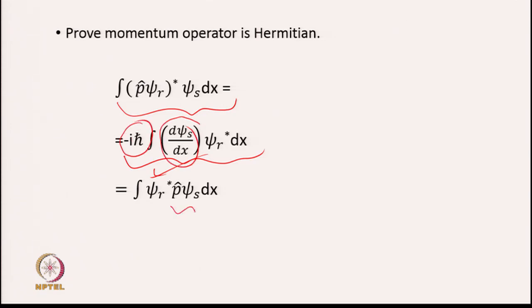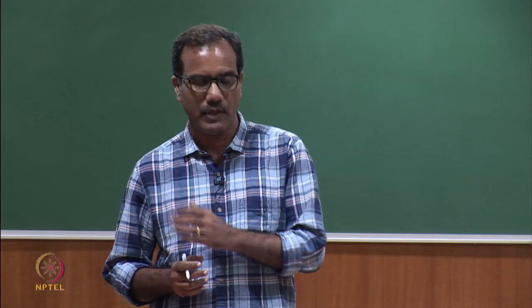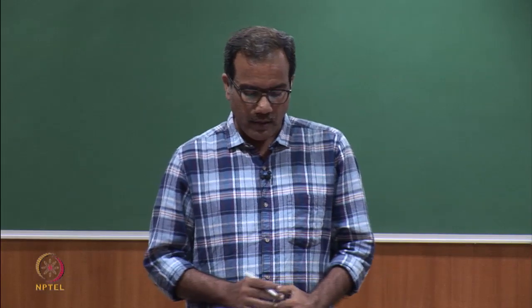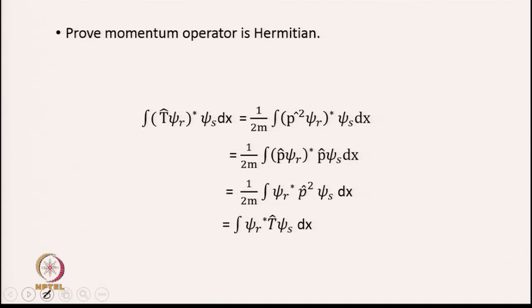Multiplied by this, it can be written as the momentum operator applied on wave function psi s, and that is what we wanted to prove. So here we have proved that the momentum operator is also a Hermitian operator.